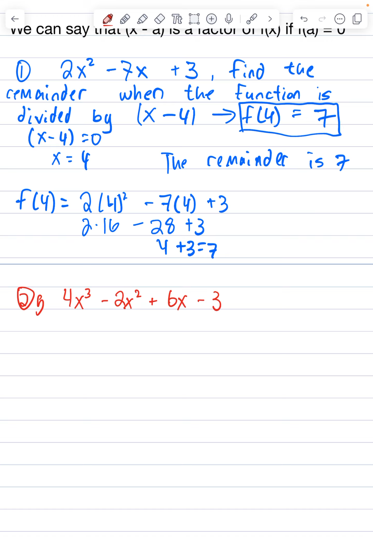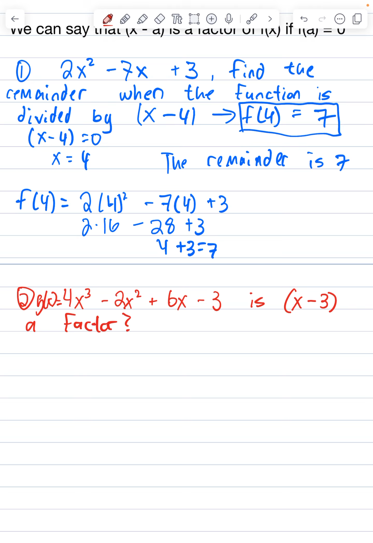Let's say g of x equals this equation. Now they ask you, is x minus 3 a factor?